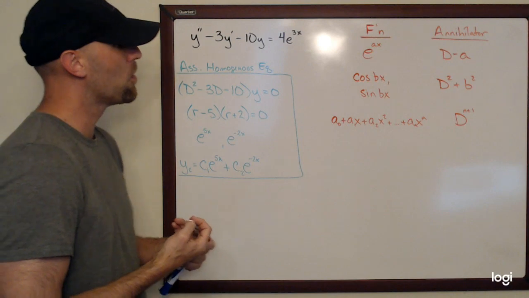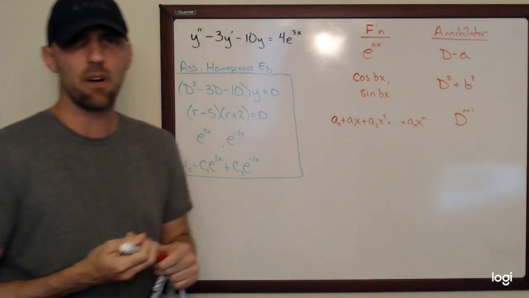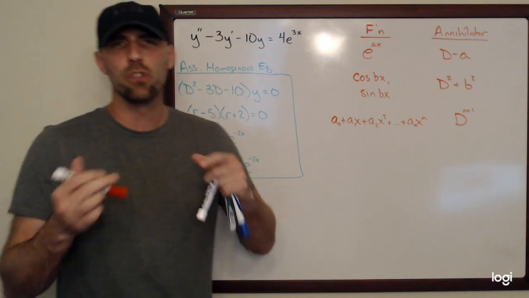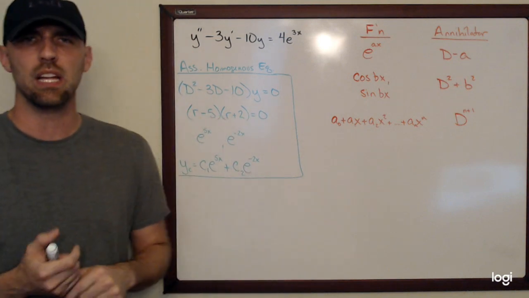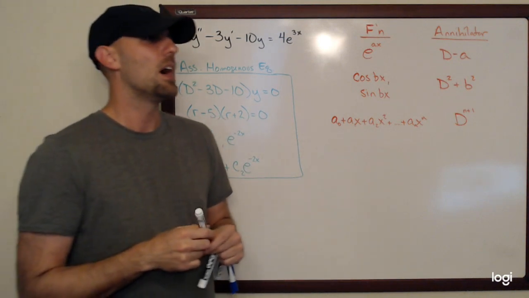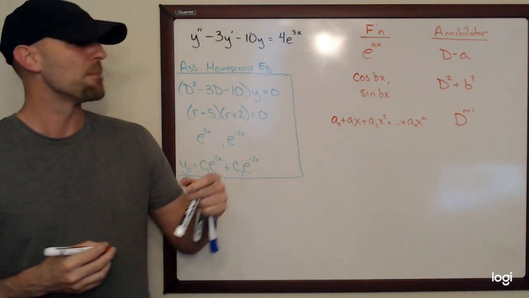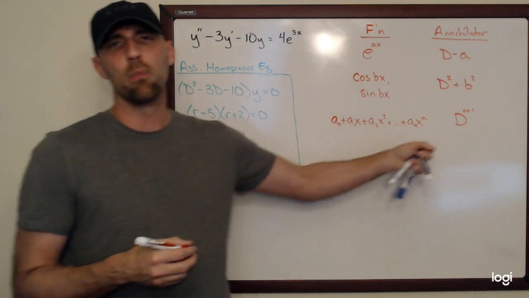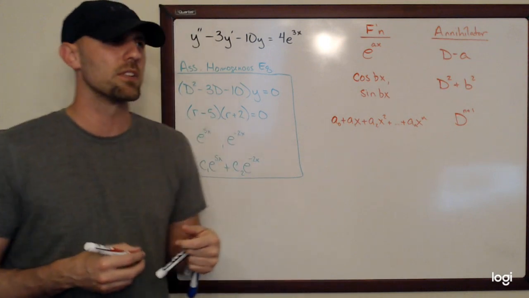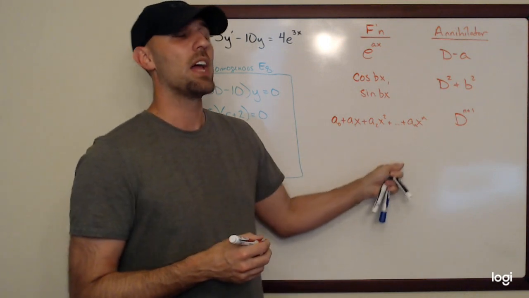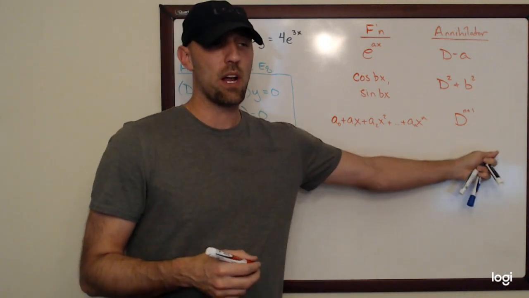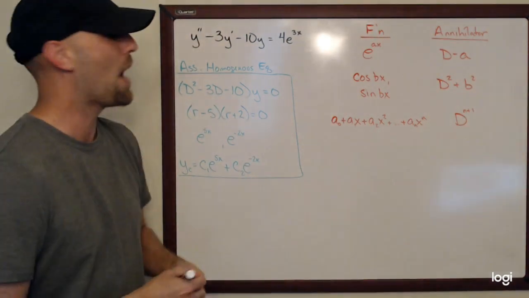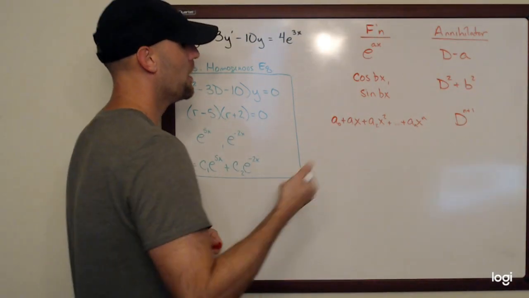All right, we did some slightly more complicated functions. We had extra solutions, solutions of higher multiplicity. That created expressions where I had one of these functions with some extra polynomial terms attached to it, things like e to the 2x, x e to the 2x, x squared e to the 2x, et cetera. So how would I annihilate a product of those things?